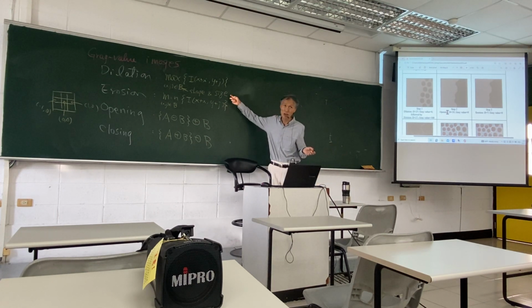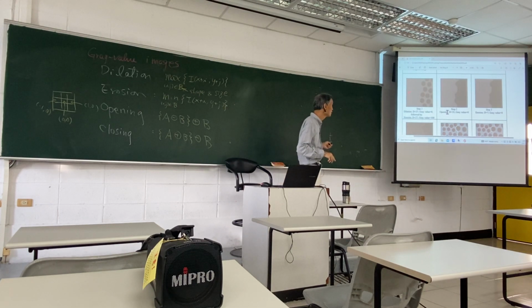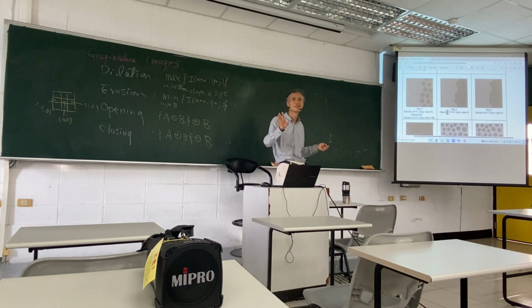It tries to find the maximum. In this case, the background is brighter than the ball, right? Remember, what is the diameter of the small ball? 25. The large ball is 35. So we apply the dilation with 27. After that, all the small balls are gone. They become the background.